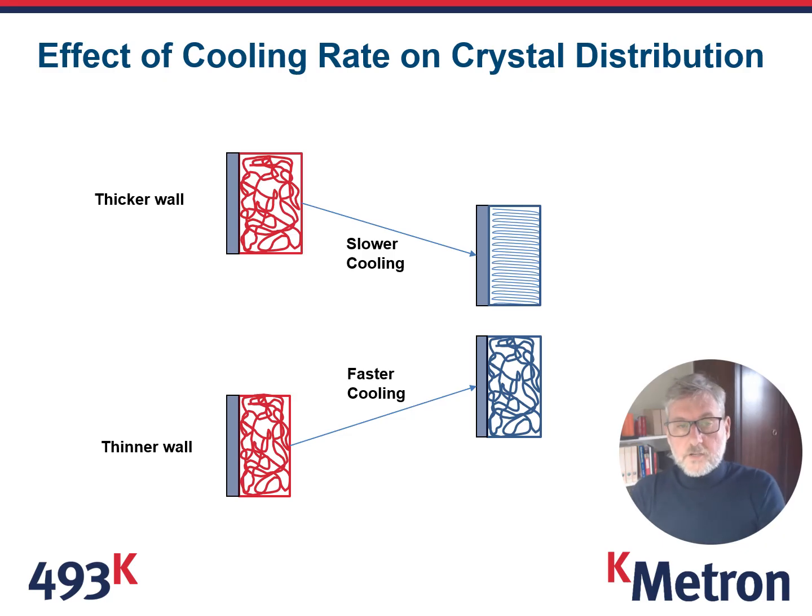So how does the cooling rate then affect the crystallinity, or the crystal distribution, the density of the part? A thicker wall, which cools slower, will give the polymer more time to become ordered and crystalline, and therefore more dense. A thinner wall, which is cooled faster, does not give the polyethylene time to get crystalline and well ordered, and so you will have an amorphous region of the polyethylene.